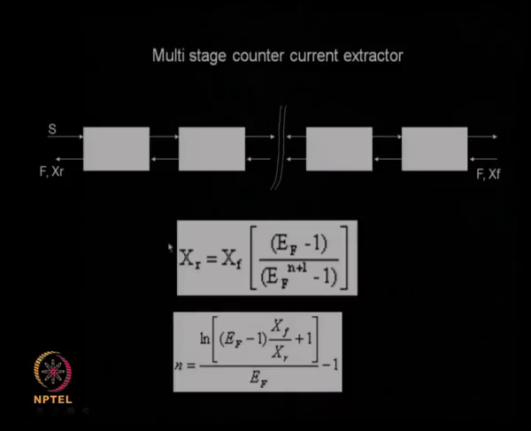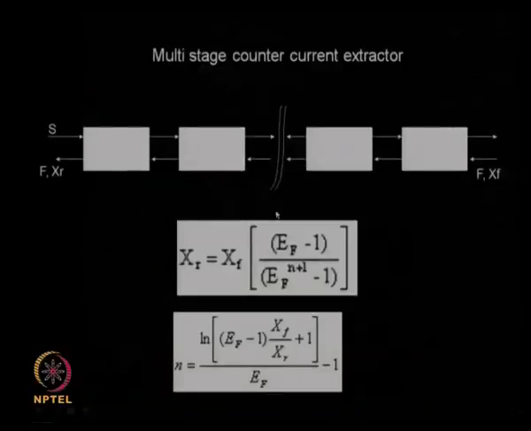If you do that, you can do a mass balance for each of these stages, and when you do a mass balance you can connect the concentration of the solute that is entering from the feed with the concentration of the solute that is leaving the train of countercurrent stages, and of course you assume that the solvent entering your extractor train does not contain any solute.